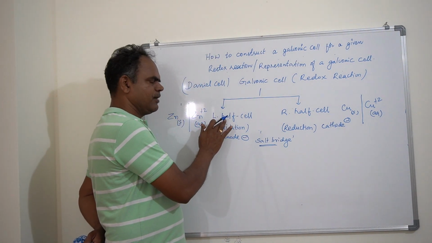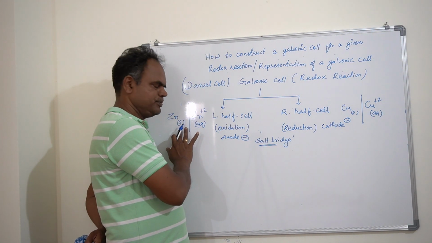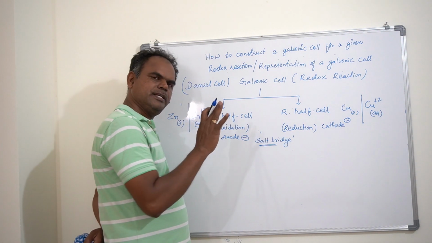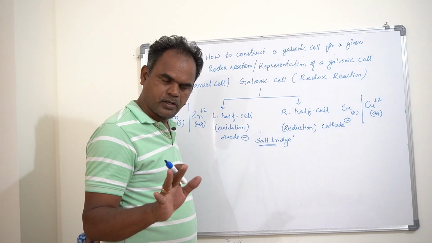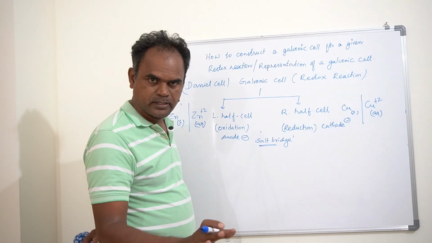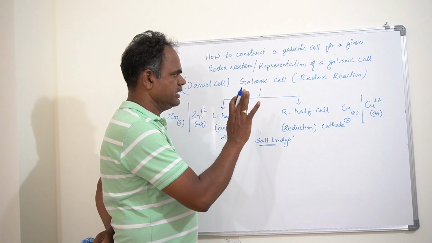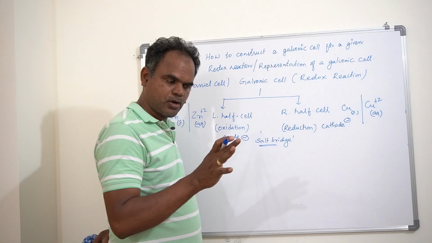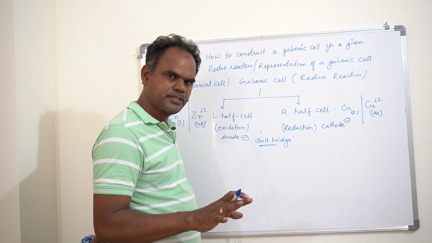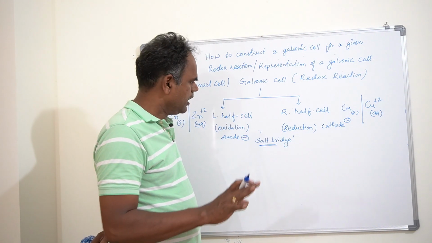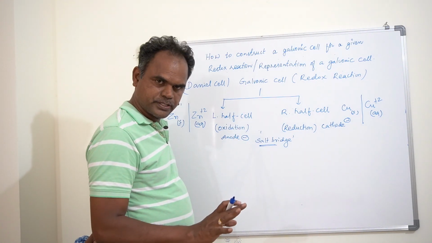That means in the left half cell, zinc metal is placed in the zinc sulfate solution, and in the right half cell, copper metal is placed in the copper sulfate solution. Both are joined by the salt bridge.